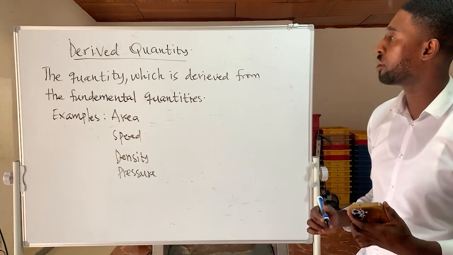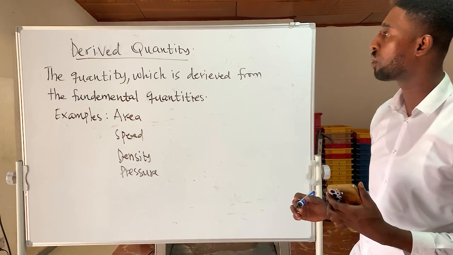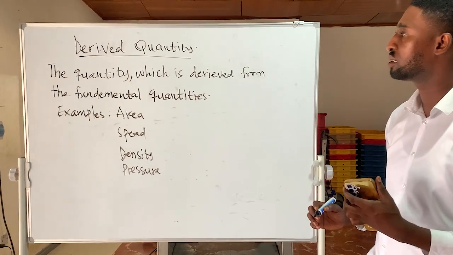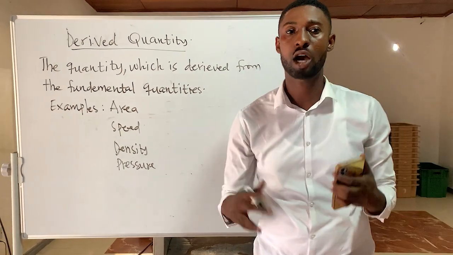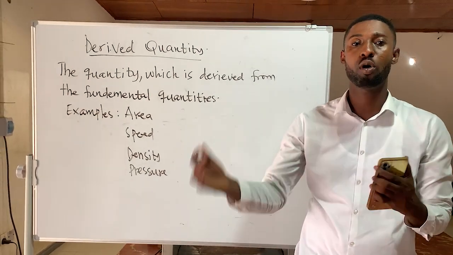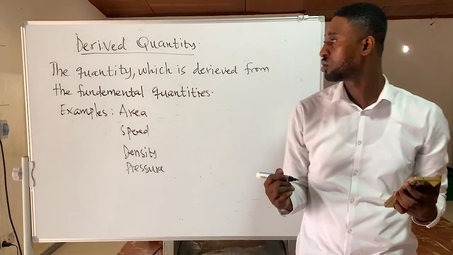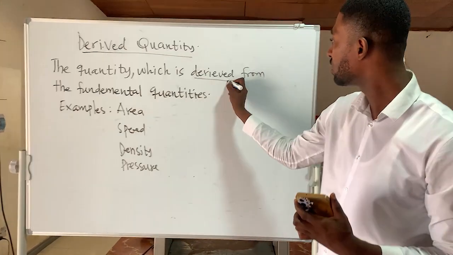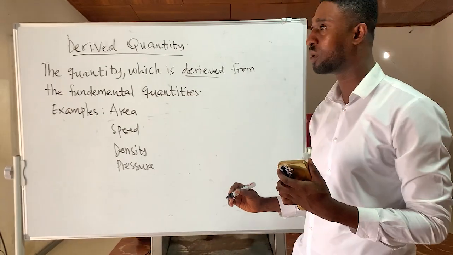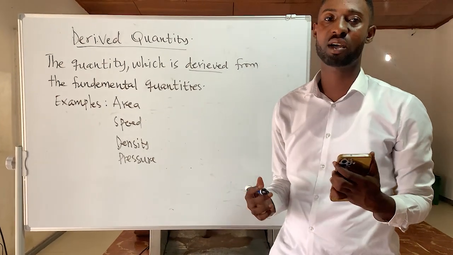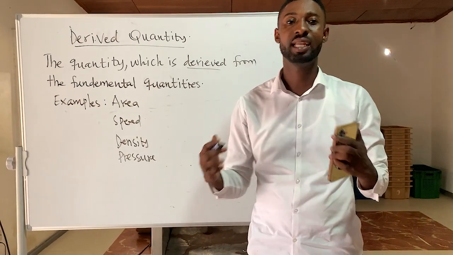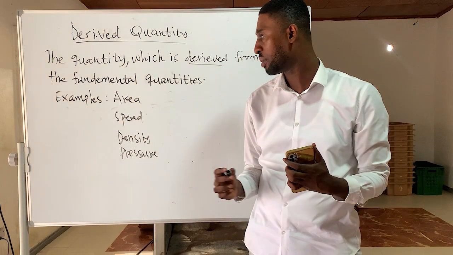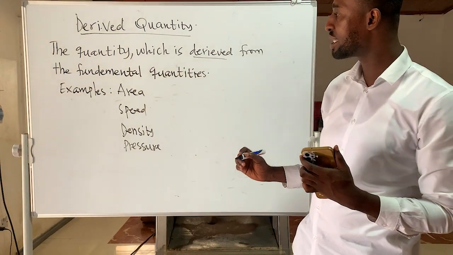Another type of physical quantity is what we call a derived quantity. Derived quantities are obtained by combining two or more fundamental quantities. So per the definition, it is a quantity which is derived from the fundamental quantities. If you have fundamental quantities, you can obtain the derived quantity from them. An example is area.